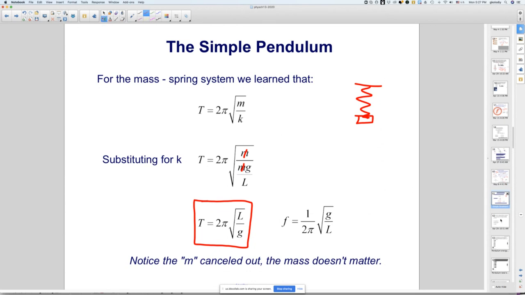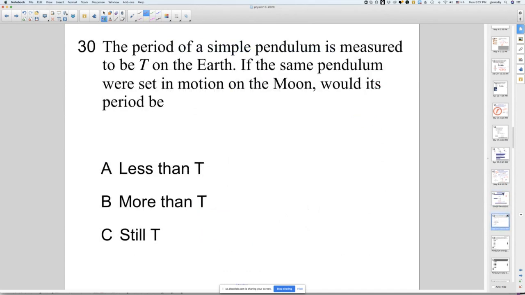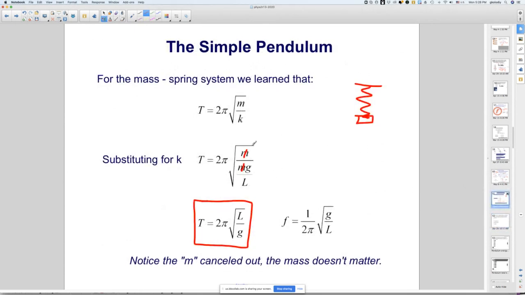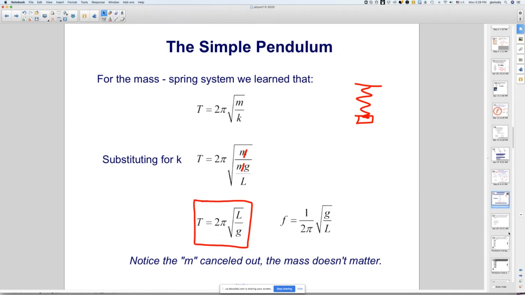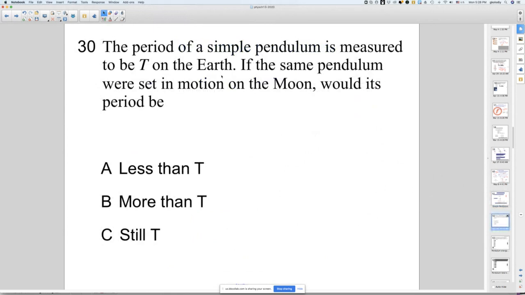All right, so enough tricks. Let's do a couple of problems for the pendulum. Let me write that equation.